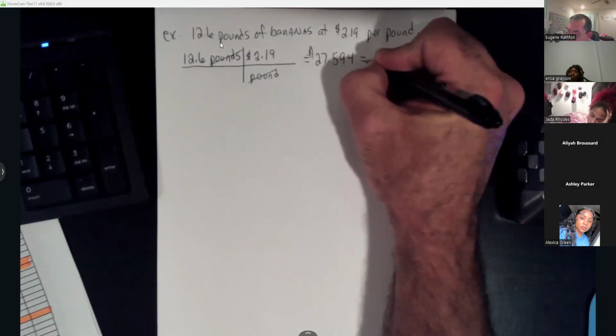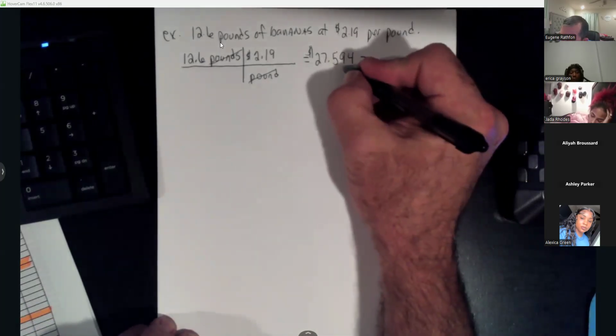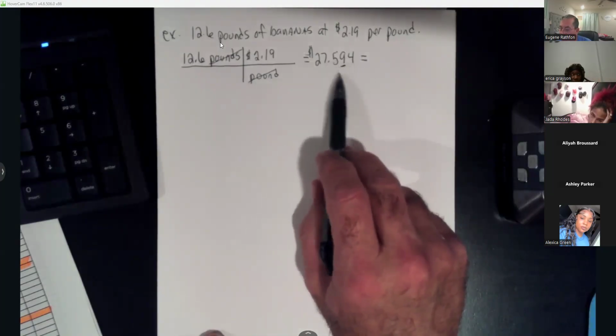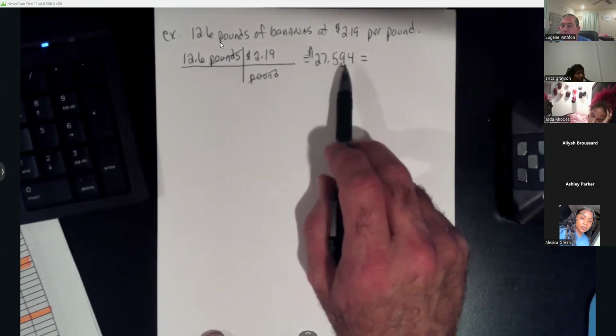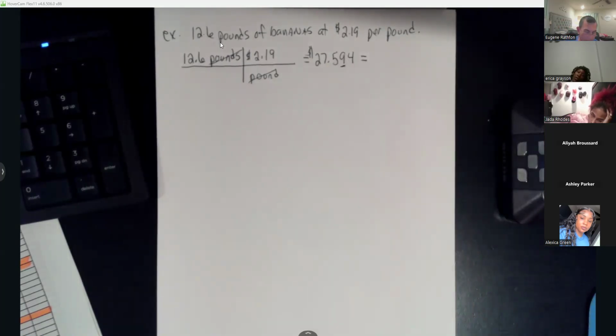But remember, they want me to round to 2 decimal places. So that's where that 9 is. If the 9 is in the place I'm rounding to, would I round that 9 up or keep it the same based on that 4?